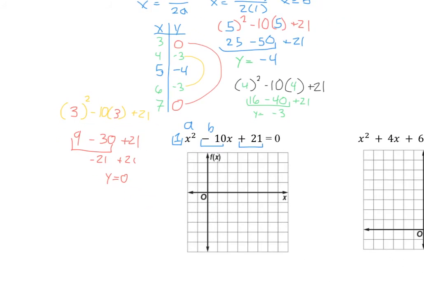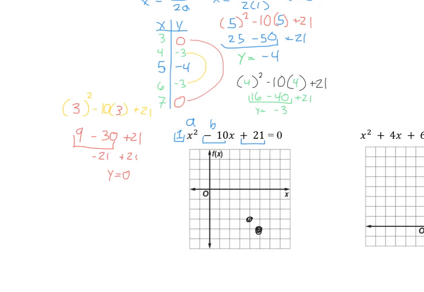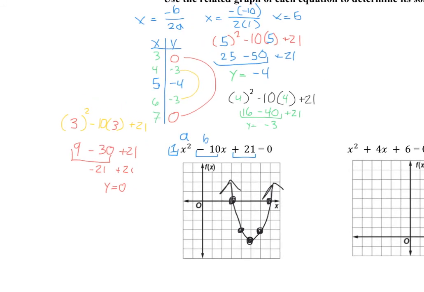I can plot my vertex first at 5, negative 4. We have coordinate points here and here. And then also, we hit our solutions right there. So, we just solved our quadratic by graphing. We now know the solutions to this.